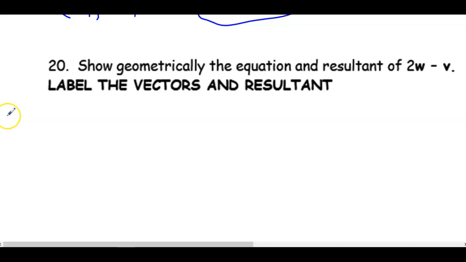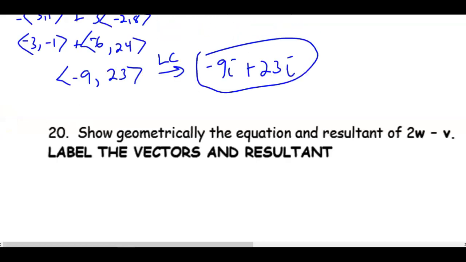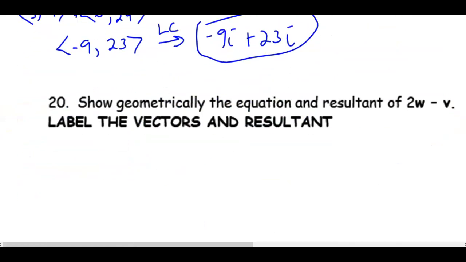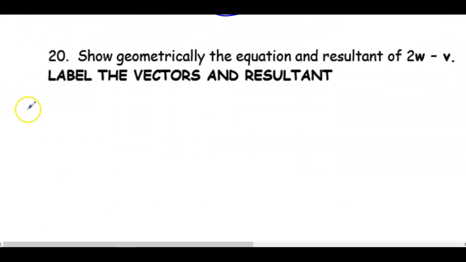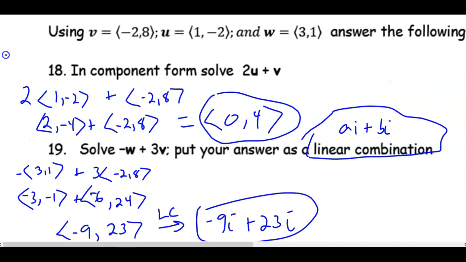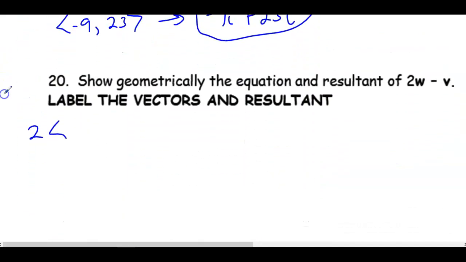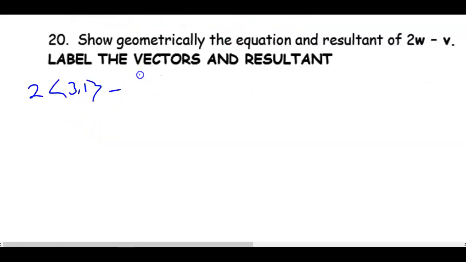Show geometrically the equation and the resultant of 2w minus v. Alright, first all I'm going to do is algebraically, and hopefully this makes sense, 2w. So 2, what was w? 3, 1. Minus v. V is -2, 8.